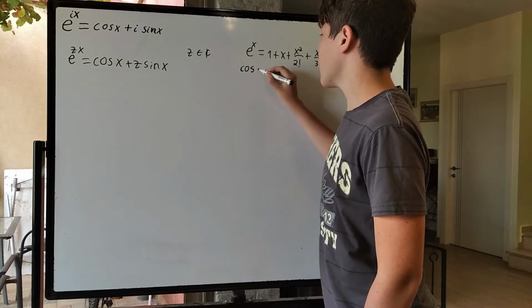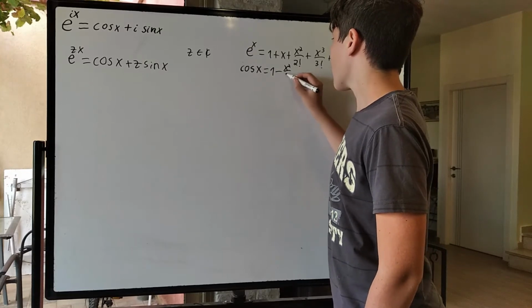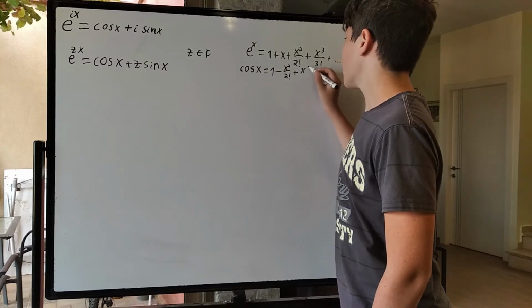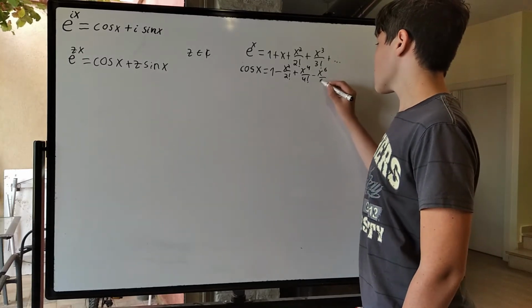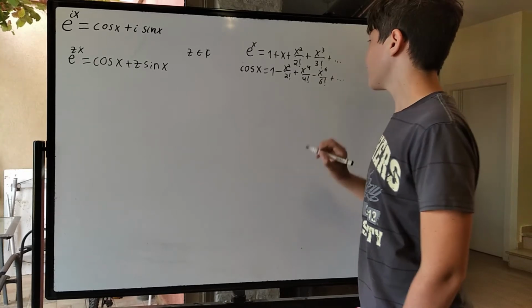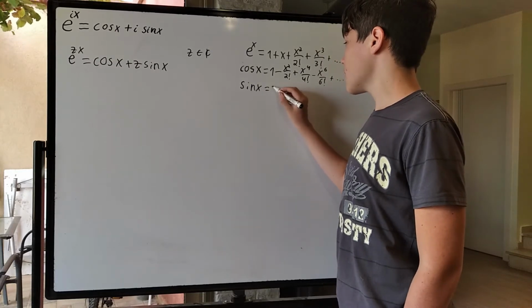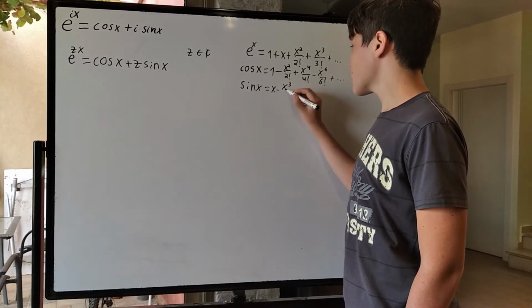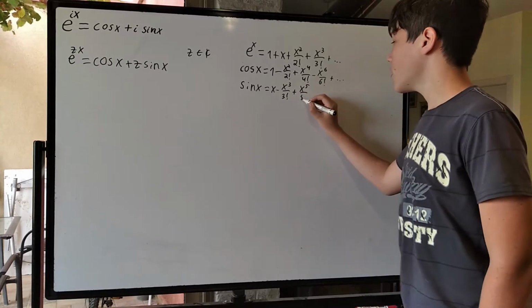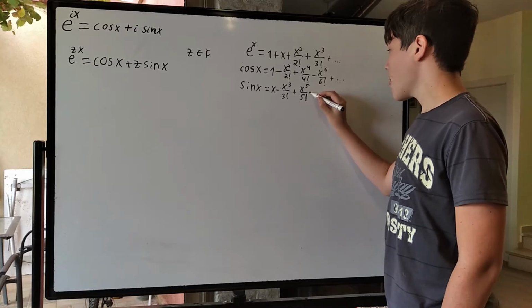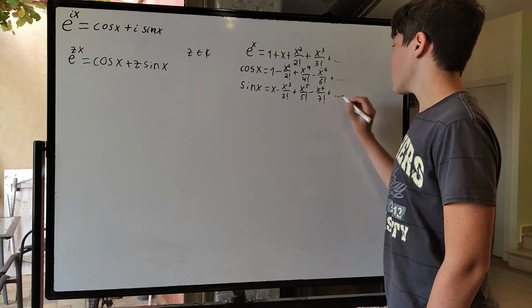So cosine x is equal to 1 minus x squared over 2 factorial plus x to the 4 over 4 factorial minus x to the 6 over 6 factorial, and so on. And sine x is x minus x cubed over 3 factorial plus x to the 5th over 5 factorial minus x to the 7 over 7 factorial, and so on.